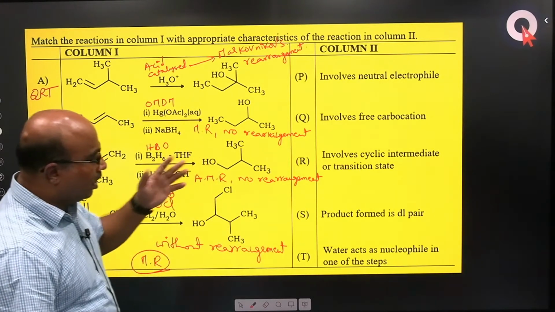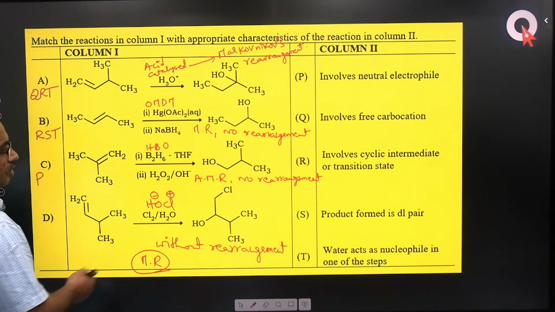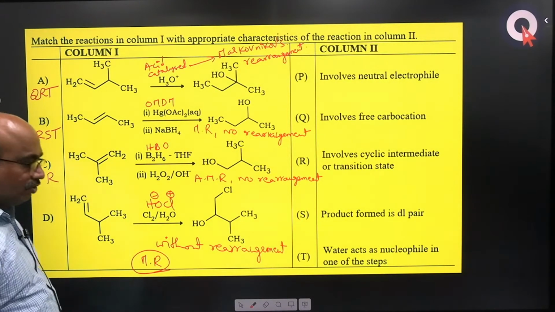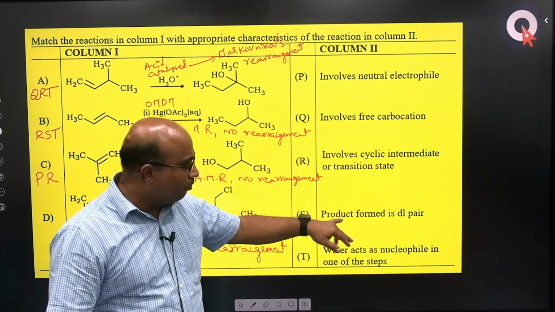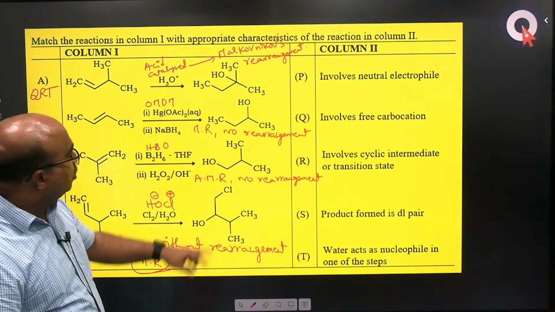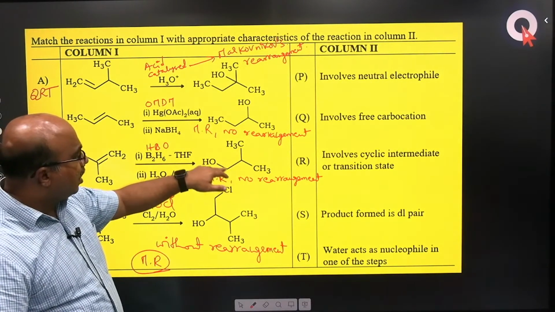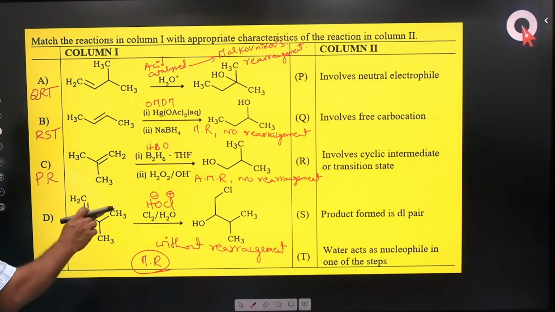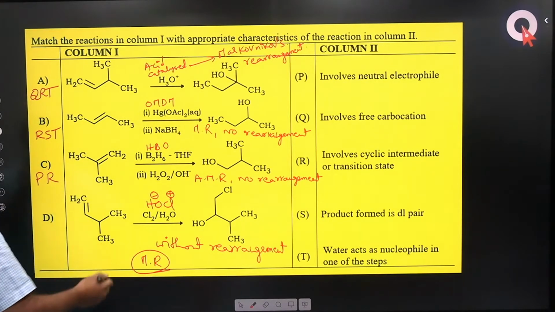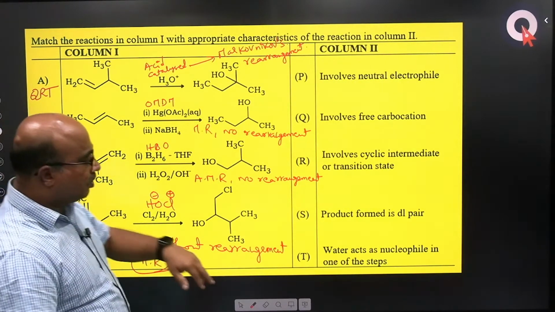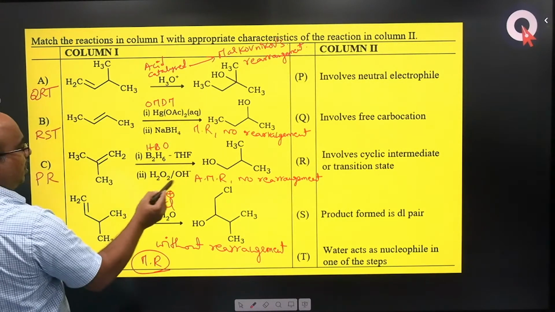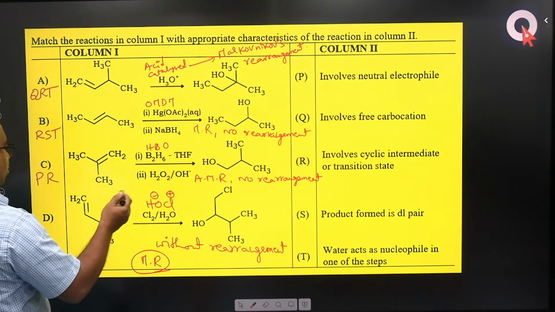So carbocation will not exist, cyclic intermediate exists. So you can say that is also there for this. Next, R. The product formed is a DL pair. So this compound is not a chiral carbon, doesn't exist in this. So this compound is not having a DL pair in this. So S will not. Water acts as a nucleophile in one of the steps. Here we don't have any water content in this process. So anyhow that will not exist.